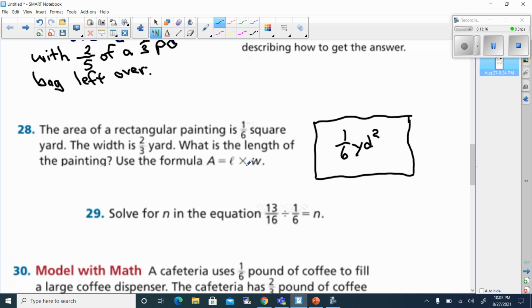Let's see here. So in this formula, that's the area there. That would be 1/6. And it says the width is 2/3. So this would be 2/3 of a yard.